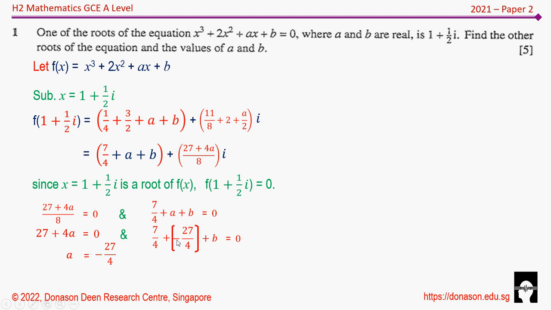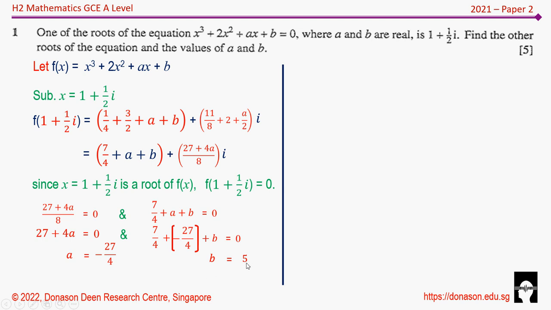From 7 you minus 27, it's going to give you negative 20 over 4. And how much is negative 20 over 4? Which is of course equal to negative 5. And if you take the negative 5 and throw it over to the right side, it's going to become positive 5, thereby giving you the value of b as just 5. So there we have the values of a and b.